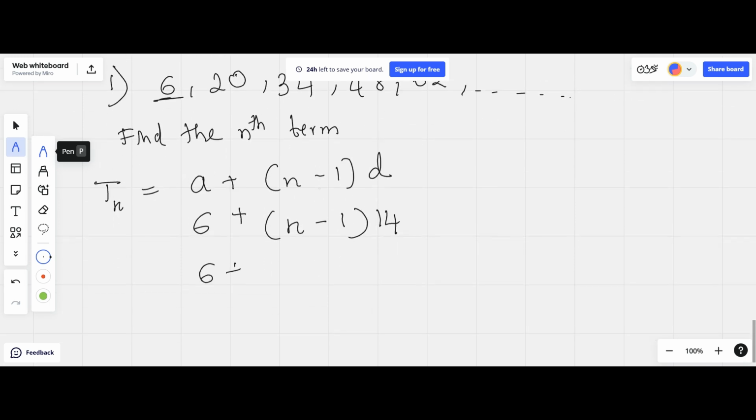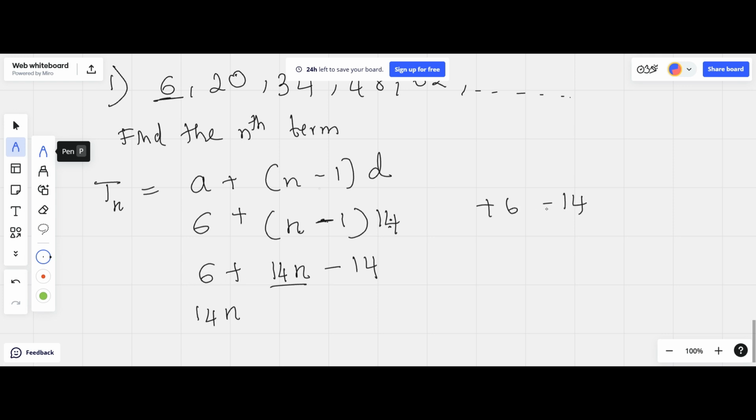So 6 plus, now let's expand this bracket. 14 into n is 14n. 14 into minus 1 means minus 14. So we write 14n, then 6 minus 14. Here plus 6, here minus 14.